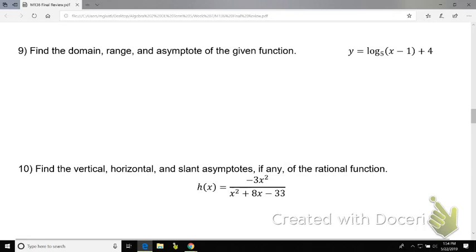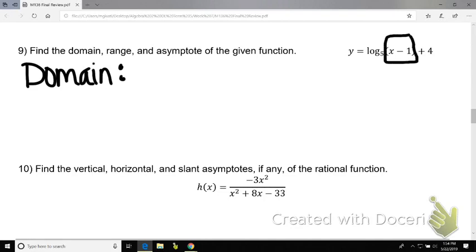So we're going to start with domain, and I mentioned to you that when you're dealing with logs, the number in here, when you go to take the log of something, it can't equal 0 and it can't be negative.